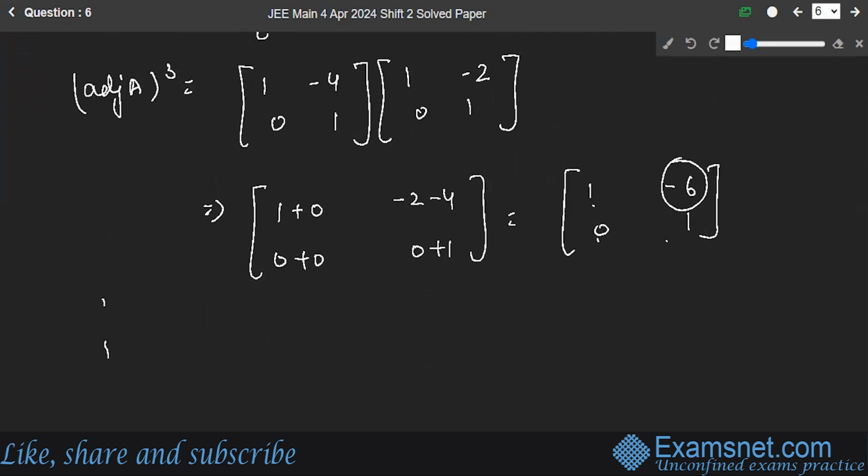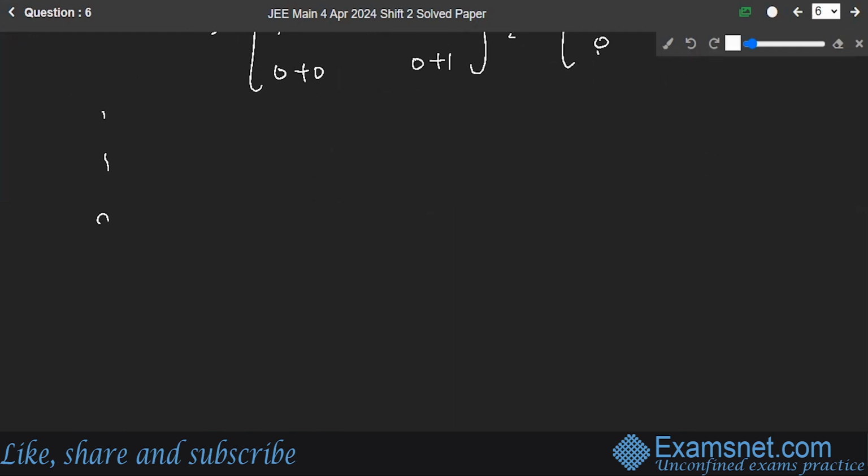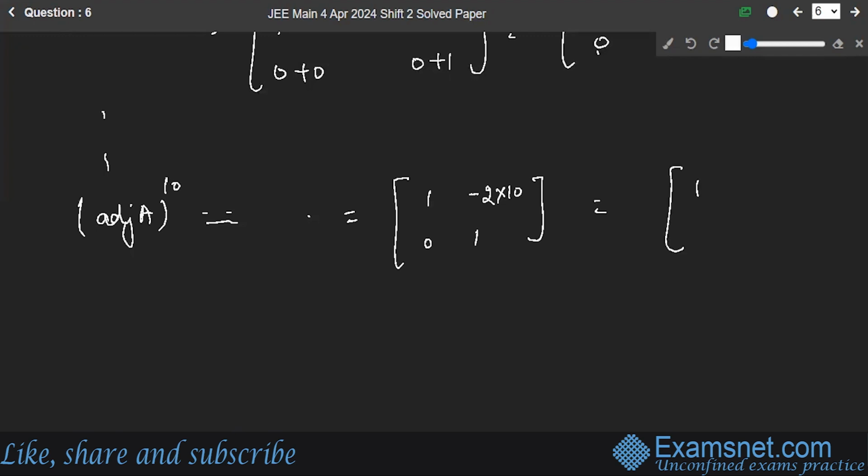That means if I'm having adjoint of A power n, then this is -2n. Adjoint of A power 10 will similarly be calculated as 1, 0, 1, and here -2 into 10, which is -20.